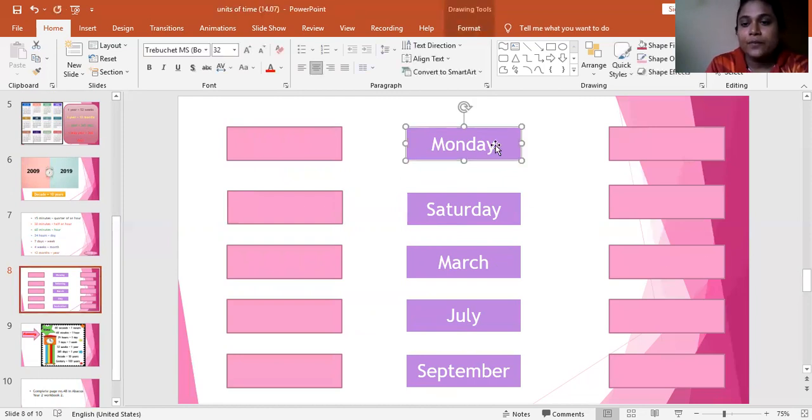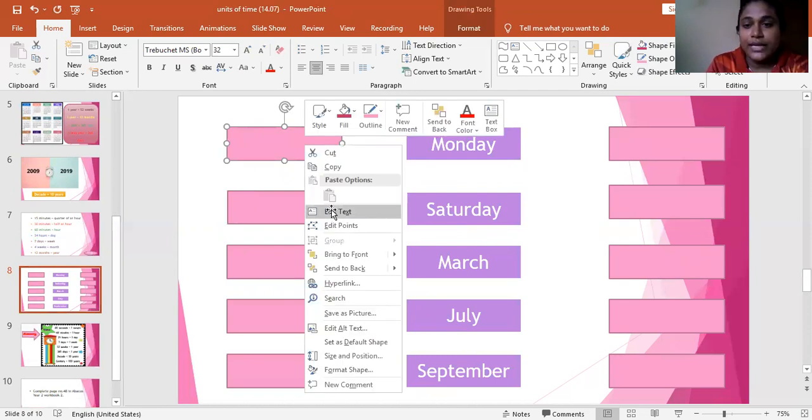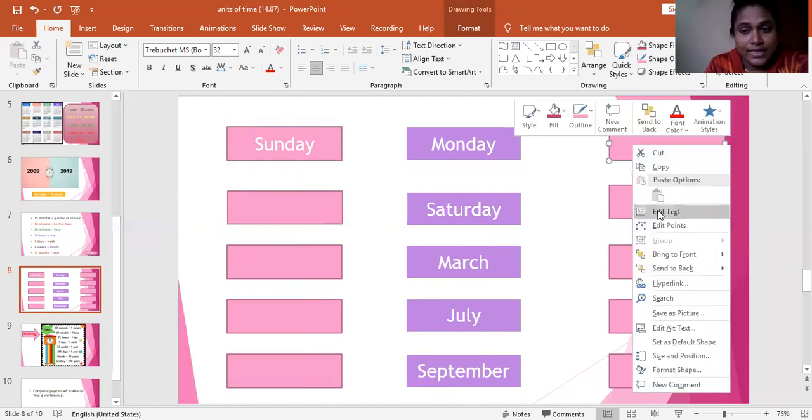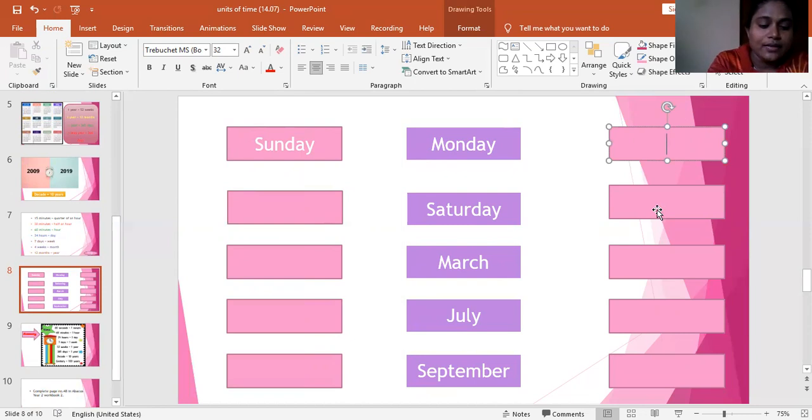What will be the previous day? It should be Sunday. Sunday, Monday. Likewise, we read this. Then Sunday, Monday. What is the next day? It is Tuesday.